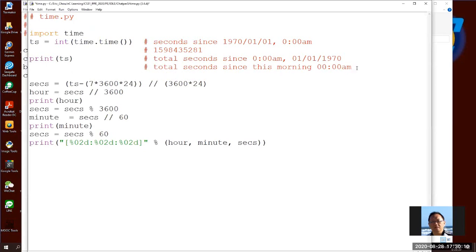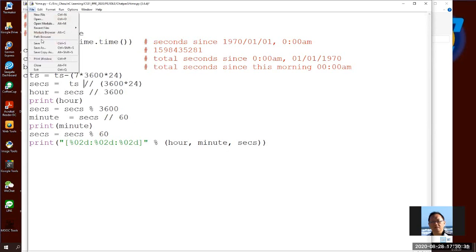So let me adjust this, okay. So my timestamp needs to be minus the 7 hour difference, okay. And then put my timestamp over here and run it, okay.